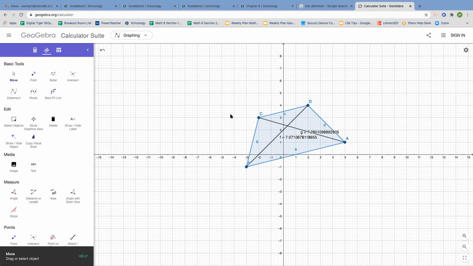And I'm just going to click on each of these individual lines. And I see right away that these are not the same distance. So one of them is 7.28 blah, blah, blah. And one of them is 7.07 blah, blah, blah. So these are not the same, which means that this is not an isosceles trapezoid. All right.